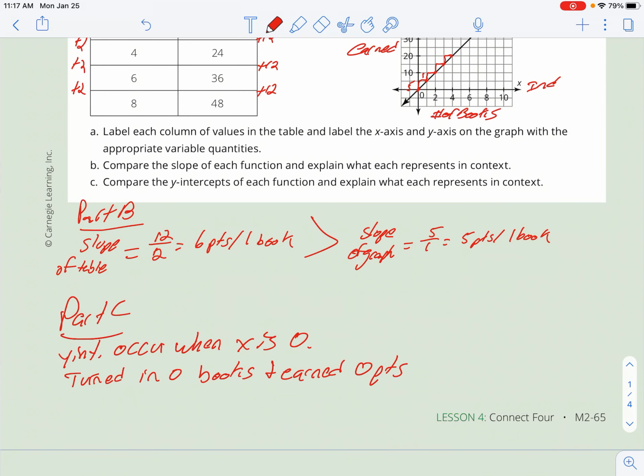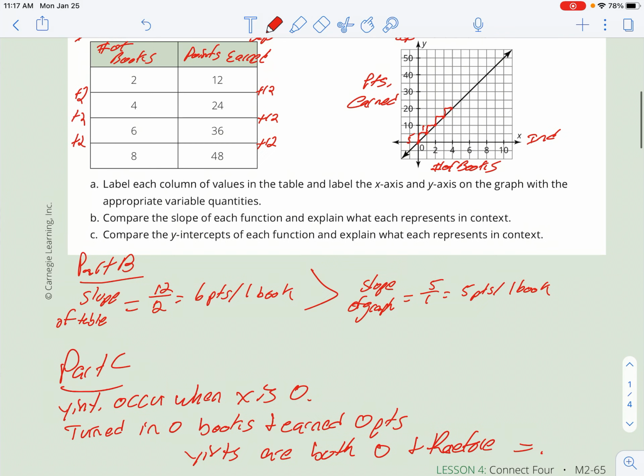So the y-intercept on both of these is equal. Y-intercepts are both 0 and therefore equal, okay? Because when I look at the graph, the y-intercept occurs when it crosses the y-axis, which is right there, which makes sense. 0 books, 0 points, okay?